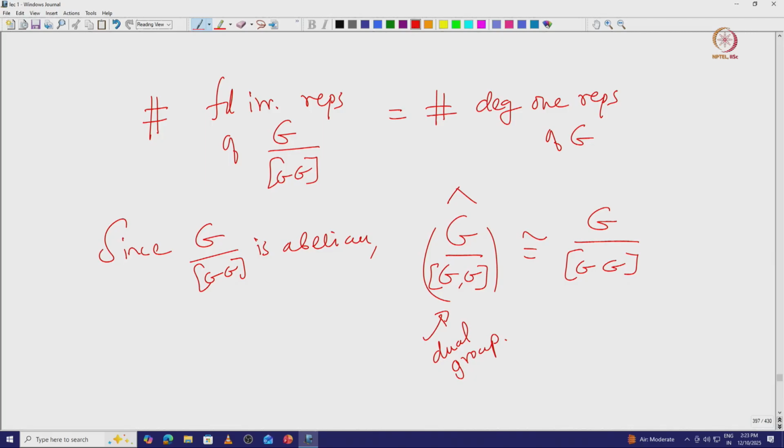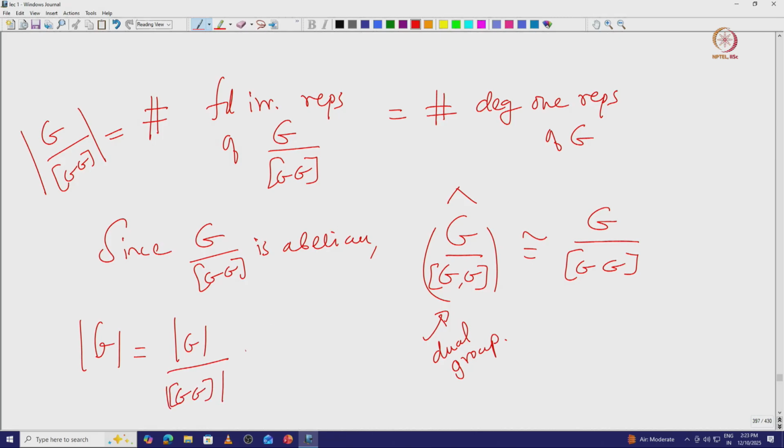So, that means this counts exactly the number of finite dimensional irreducible representations of G modulo bracket GG. That tells us that this number is exactly the same as the cardinality of G modulo bracket GG. Now Lagrange's theorem tells us that the cardinality of G is exactly the cardinality of G divided by the cardinality of GG, times the cardinality of GG. So, that proves that this number actually divides the cardinality of G.